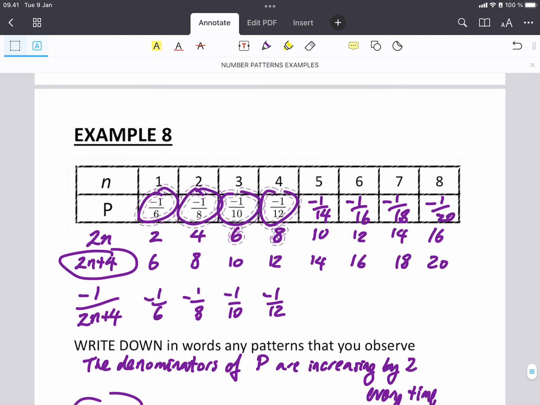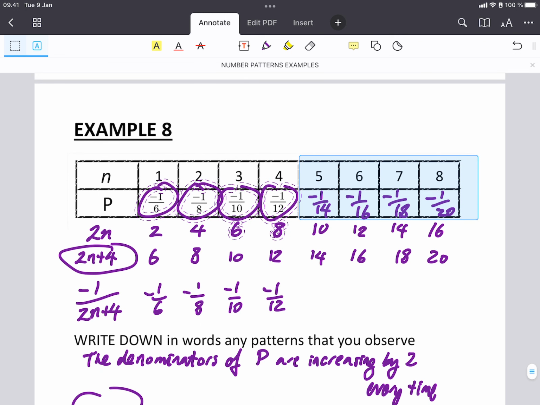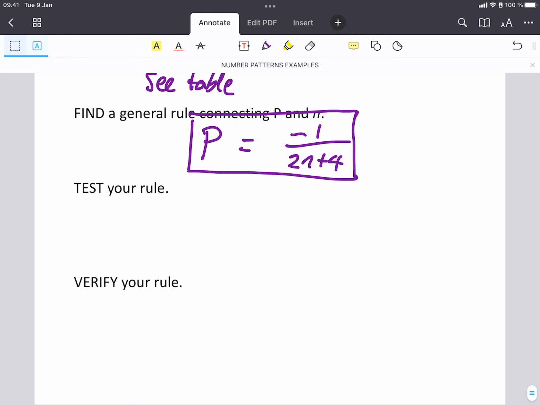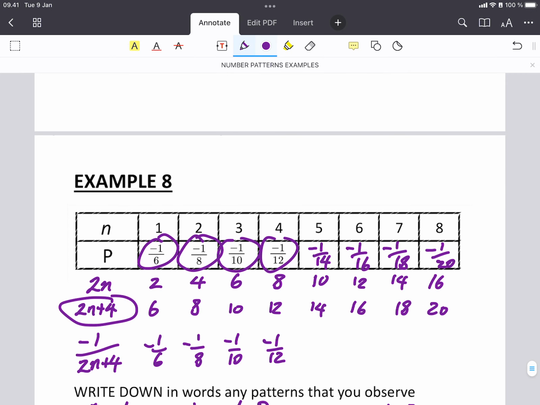And verifying is checking that it still works for the values higher up the table. So for example, when n equals 4, so I'd go for one of the higher ones of the bottom end rather than 1 or 2.